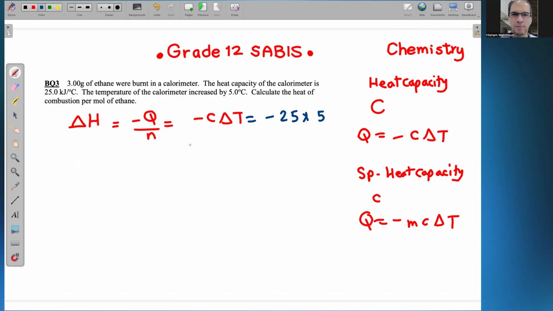So it's equal to 25 multiplied by 5, divided by mass over molar mass, so 3 grams. But what is the molar mass of ethane? Ethane is C2H6, so 24 plus 6 is equal to 30. So 3 divided by 30, let's get the calculator here.